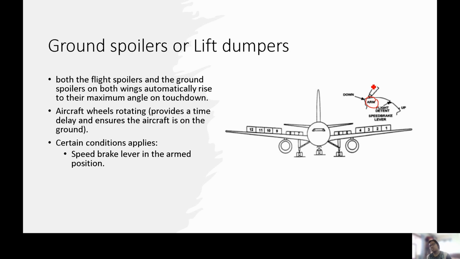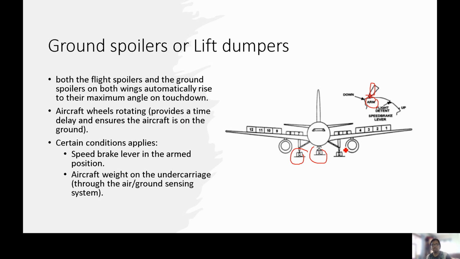So initially, the pilot must pull the lever to the arm position before touchdown, upon landing. Second, the aircraft weight is on the undercarriage, detected by the ground sensing system. So there is a sensing device on the landing gear. When the aircraft touches down, the sensing device will trigger, and all thrust levers are in the idle position.